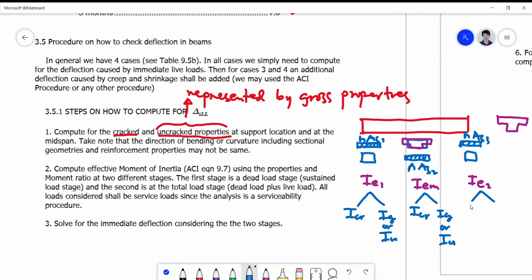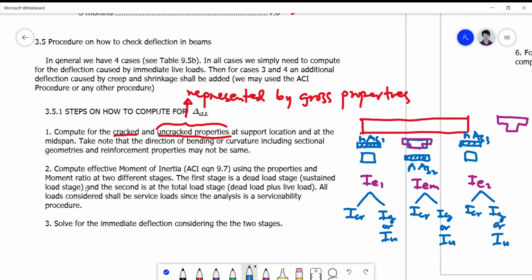Here you have also 2, we have the ICR and the IG or the I uncrack. Okay, so you have to consider a lot of things when you go about your step 1.